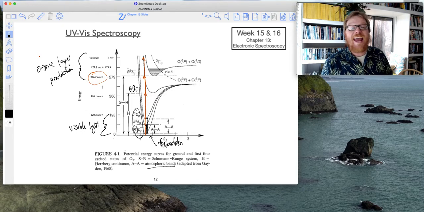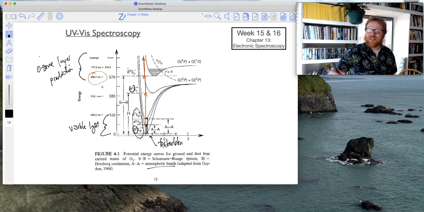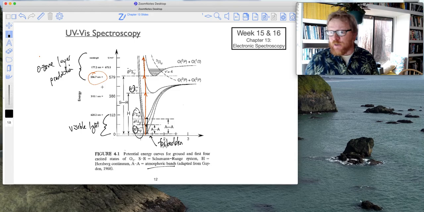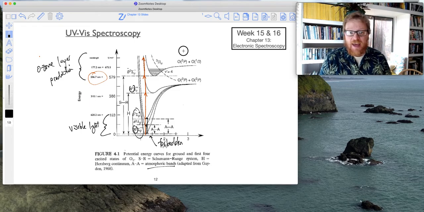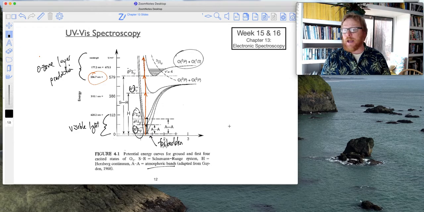okay? We have an ozone layer because molecular oxygen will absorb these UV wavelengths. And as you can see, that's creating photofragments. And those photofragments, most notably the O triplet state, will go on to react with O2 to make O3, right?